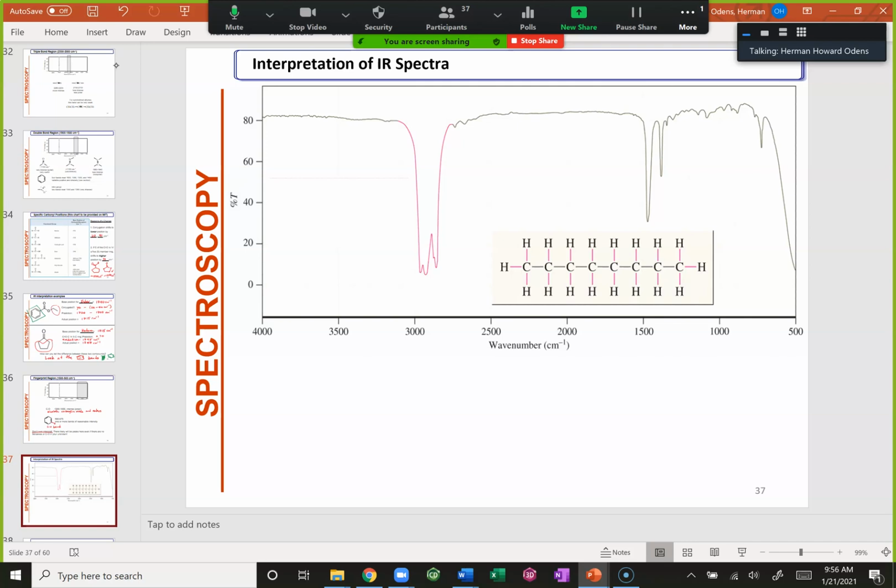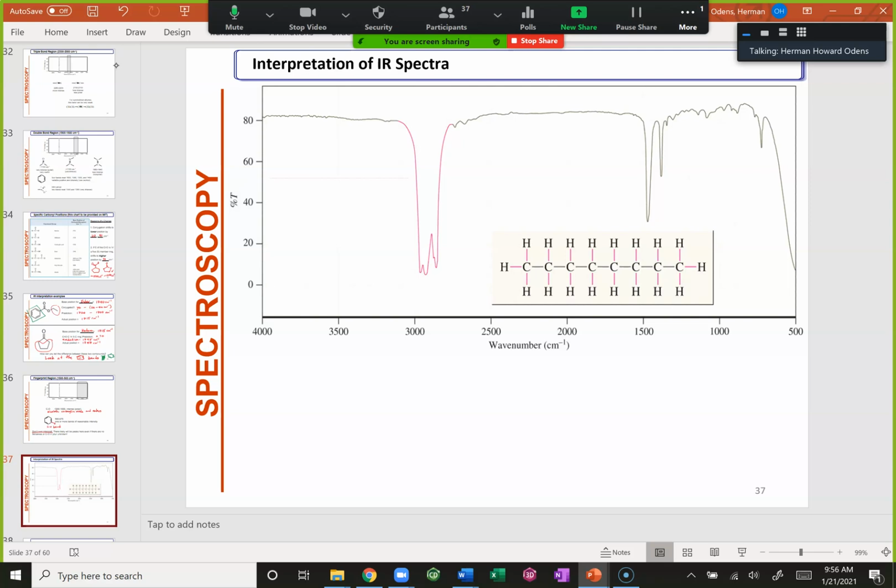All right, so look at what we have here. This is the first easy example. We have 1, 2, 3, 4, 5, 6, 7, 8. This is the molecule of octane. Notice that the only thing we can interpret here, the only functional group present in this molecule, is sp3 CH character.